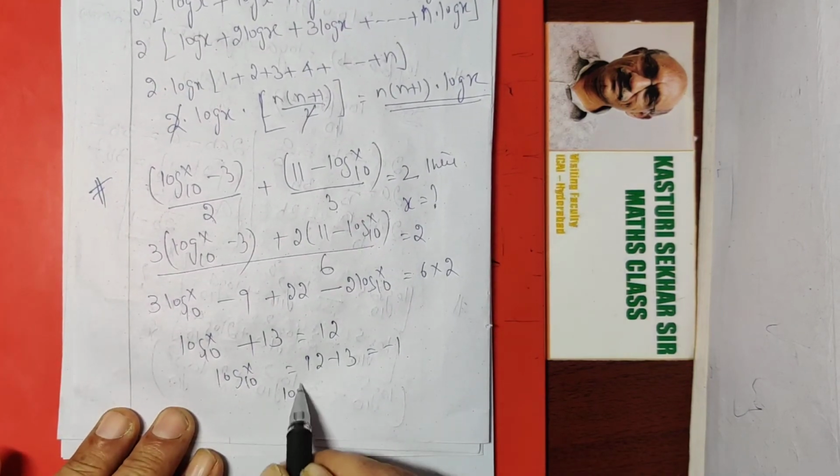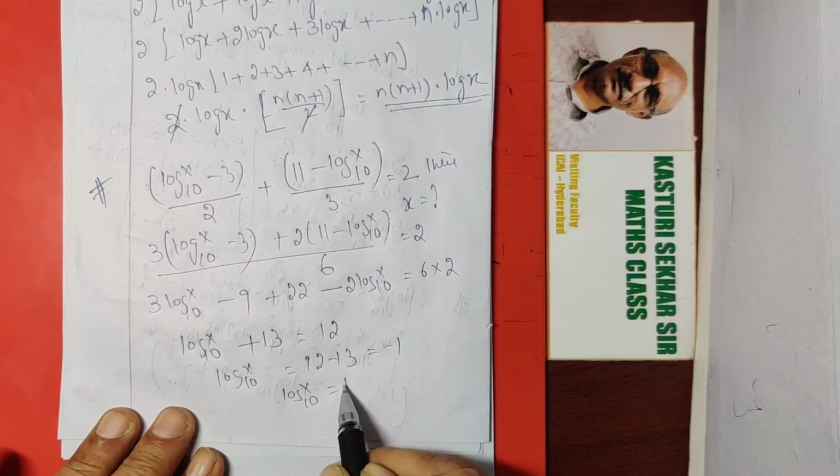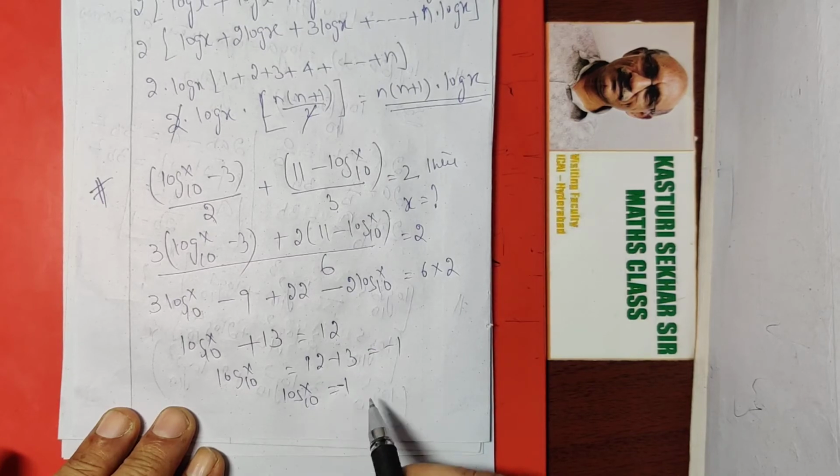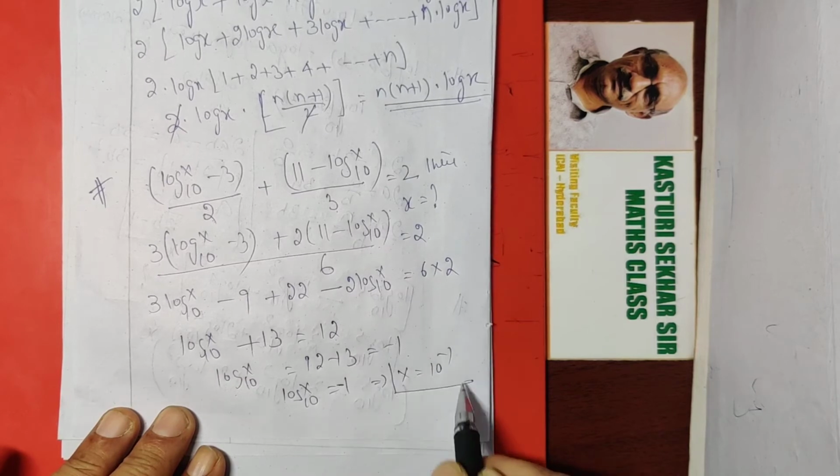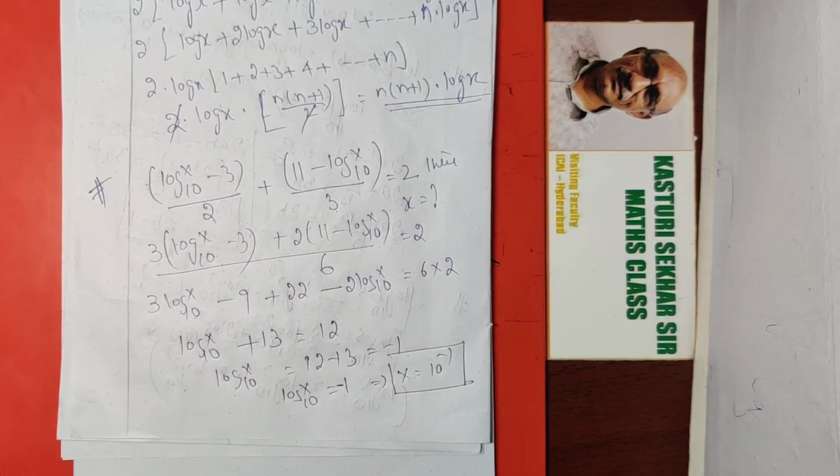Log x to the base 10 is equal to minus 1 implies x is equal to 10 power minus 1. This is the answer to this question, sir.